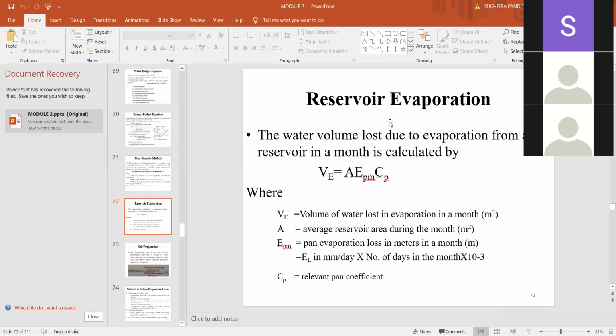Next is reservoir evaporation. If you consider a reservoir, you can estimate the amount of water lost to the atmosphere through evaporation.